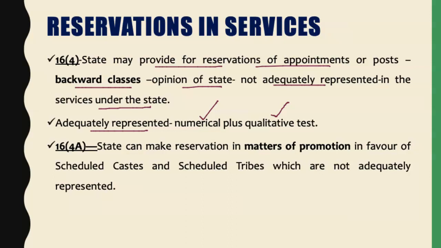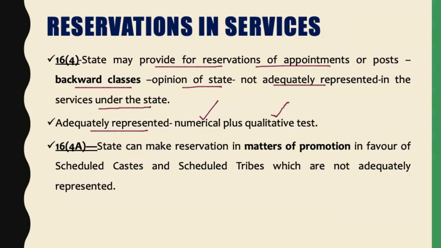Second, qualitative test, that means the state will also see what kind of positions they actually hold. Do they hold positions of importance? On what position is a person of a backward class there? Means हमें numerically भी देखना है, and when we are talking about adequate representation, then we also need to see on which posts the persons from the backward class are mostly appointed. So both considerations will be seen by the state in terms of the adequately represented factor.